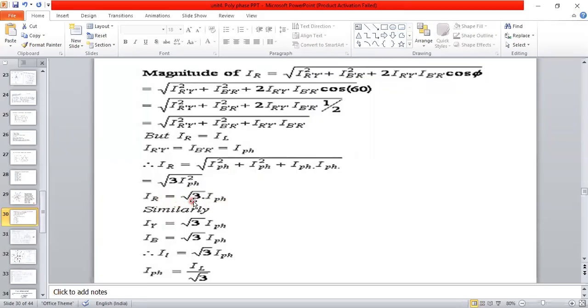So IL equals square root of 3 IPH is the formula relating line current to phase current. Similarly for IR, IY, IB equal to IL. So IL equals root 3 IPH, and from this equation IPH equals IL divided by root 3.